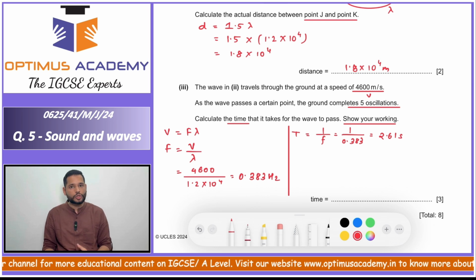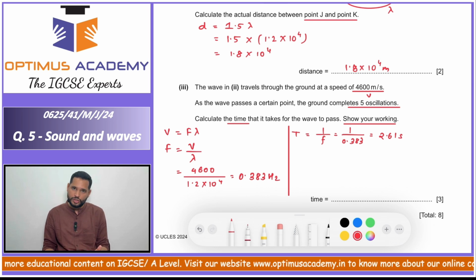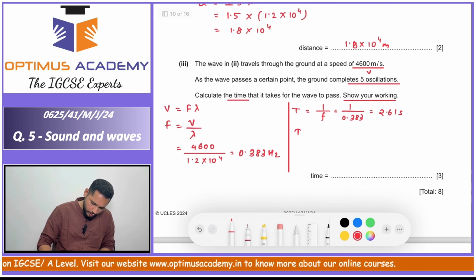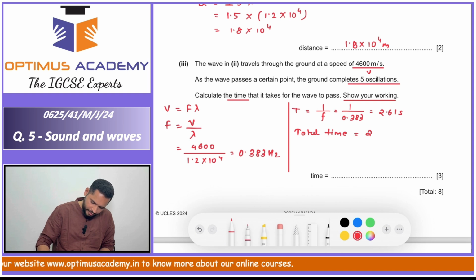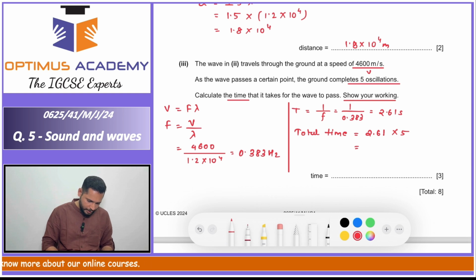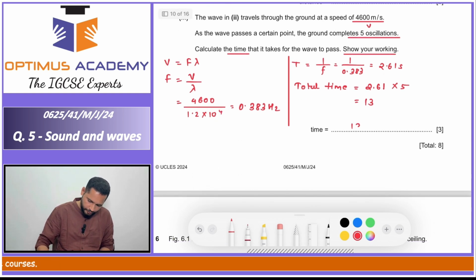The question is asking us to find out the total time for 5 oscillations. So what we have to do? We have to simply multiply. Total time will be equal to time for one wave, that is 2.61, multiplied by the number of waves, 5 waves. So 2.61 multiplied by 5, we are going to get the answer 13 seconds.